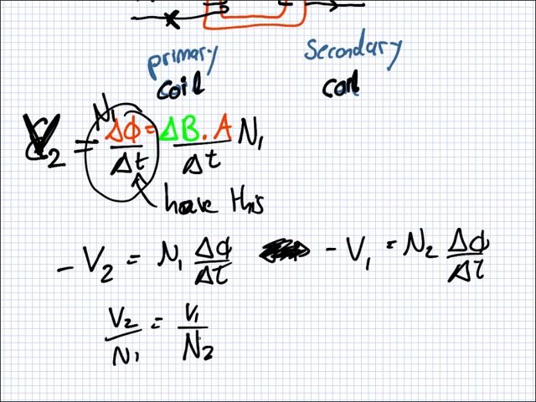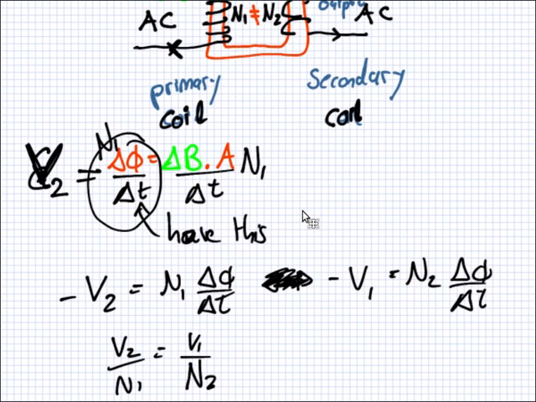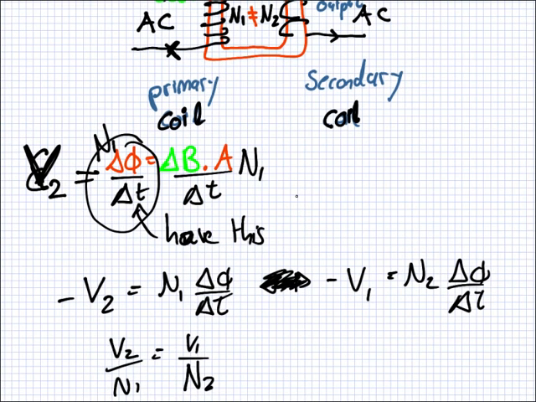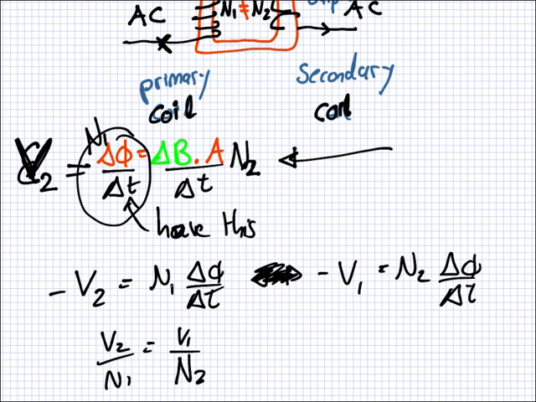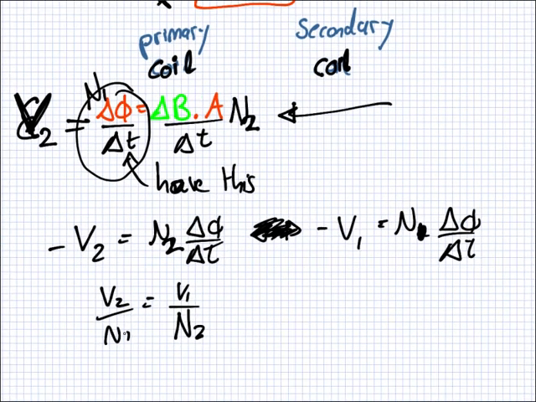I made a mistake. I made a small mistake in this one. I used V2 because it's the current here. So I should have used N2 here because it's the number of turns here. So that should have been an N2, and that should be an N1.